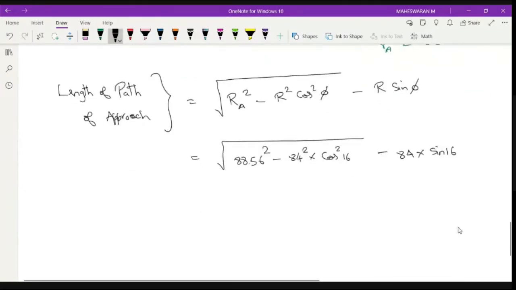So what is the value we're getting? LPA.